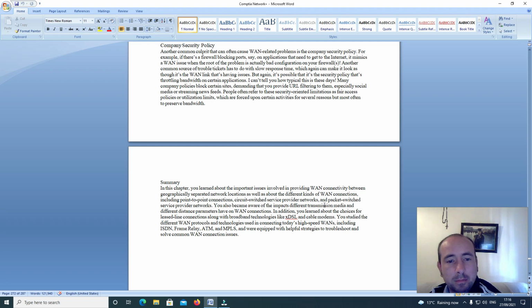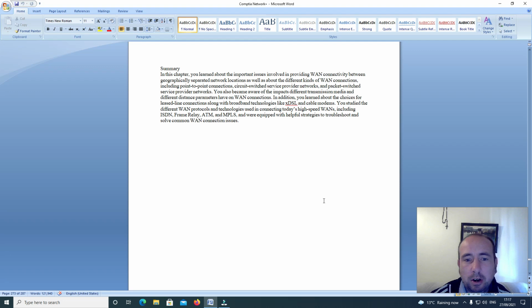Many company policies block certain sites, demanding that you provide URL filtering, especially for social and streaming news feeds. People often refer to these security oriented limitations as fair access policies or utilization limits, which are forced upon certain activities for several reasons, but most often to preserve bandwidth.